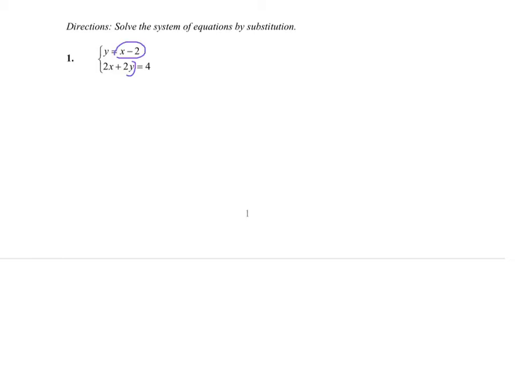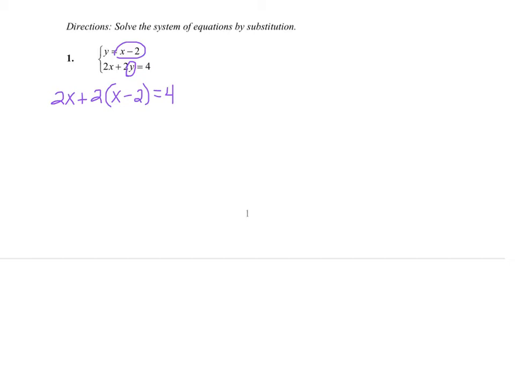We're going to rewrite it: 2x plus 2 times, we know our y value is x minus 2, so you're going to plug that in right here, x minus 2, equals 4. And that is your first step: substitute the expression for either x or y in the other linear equation.